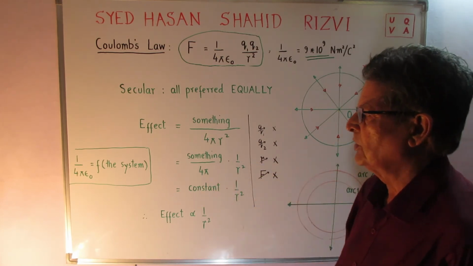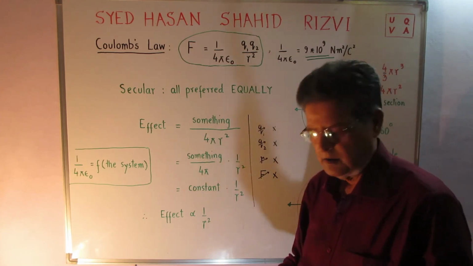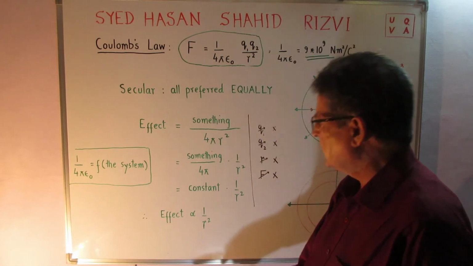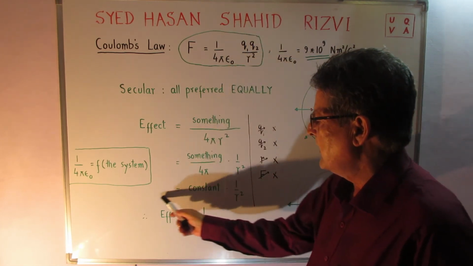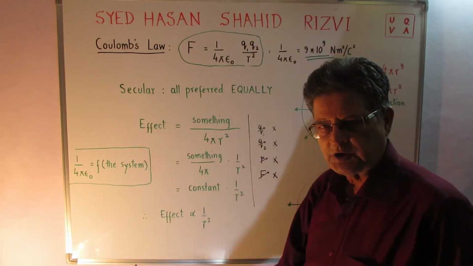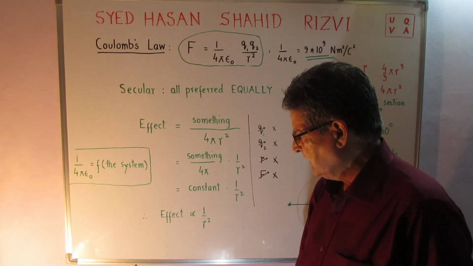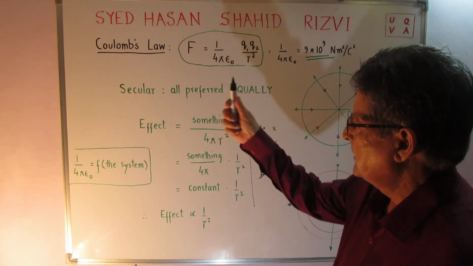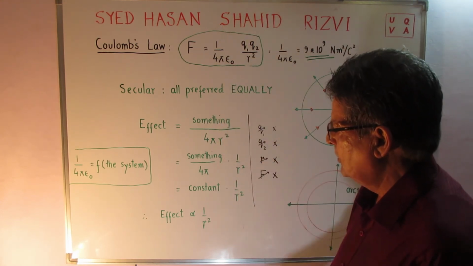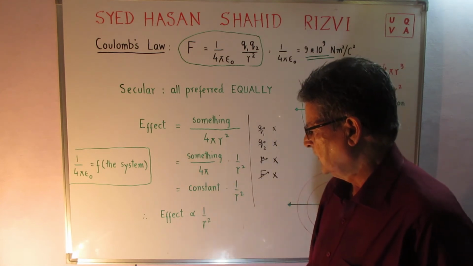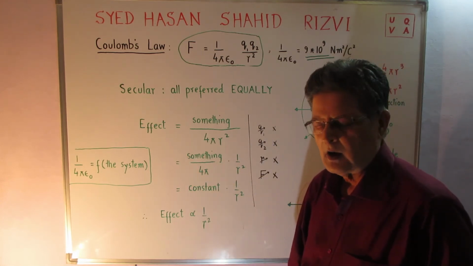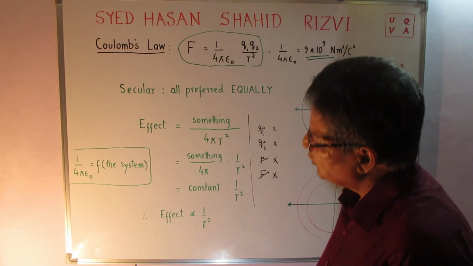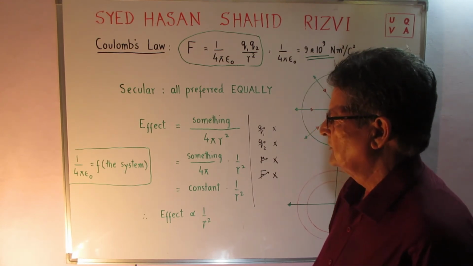This gives us what is known as the, in a secular situation, an inverse square law, which of course very diligently was determined and established by Mr. Coulomb, as also by the Cavendish experiment. Of course, there was Newton who speculated, who thought that this kind of a thing will occur.